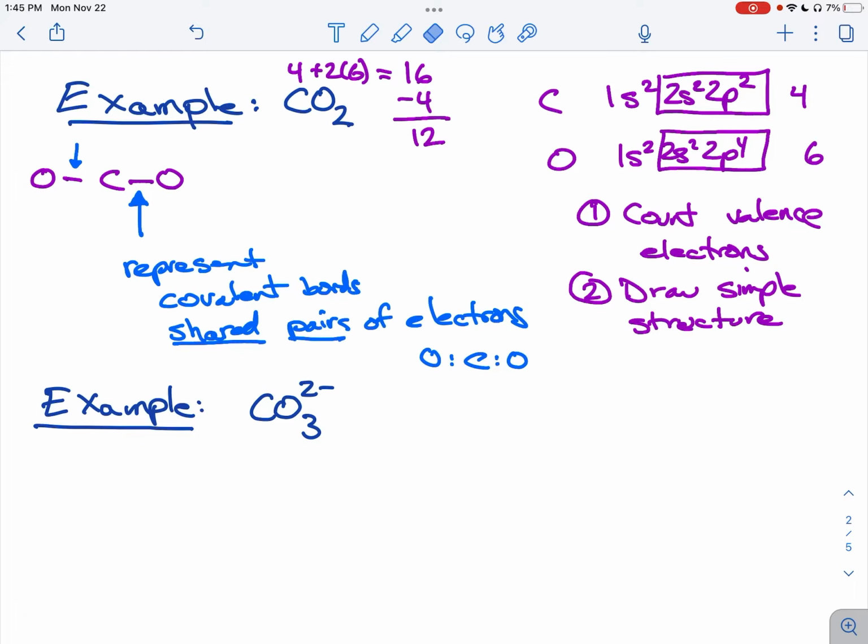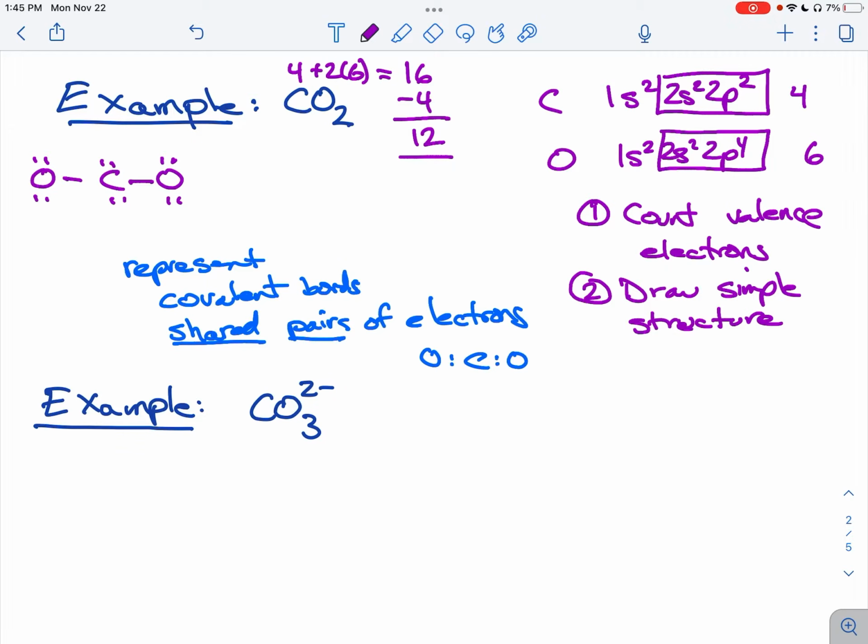We're going to erase these arrows because they're going to get distracting. We're going to take our 12 electrons and distribute them more or less evenly around the molecule: 2, 4, 6, 8, 10, and 12.